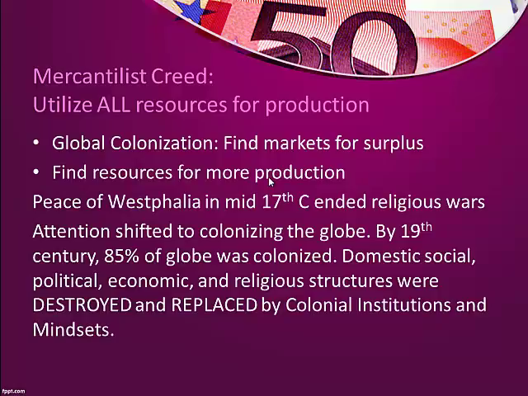And then they were taught these ridiculous theories of comparative advantage, so that you have to export raw materials and buy finished products from us. So basically, all societies all over the globe were destroyed. Their political, economic, and religious structures were all destroyed and replaced by colonial institutions and colonial ways of thinking.